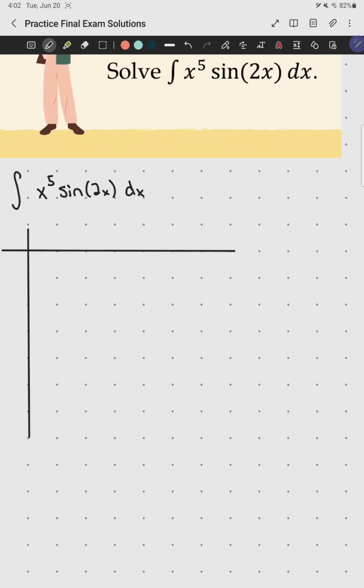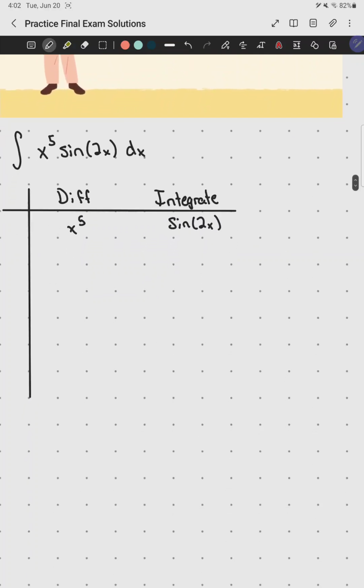We're going to differentiate on this side and integrate on this side. It's going to get a little confusing, but we start out with our x to the 5th and our sine of 2x. So let's differentiate first.